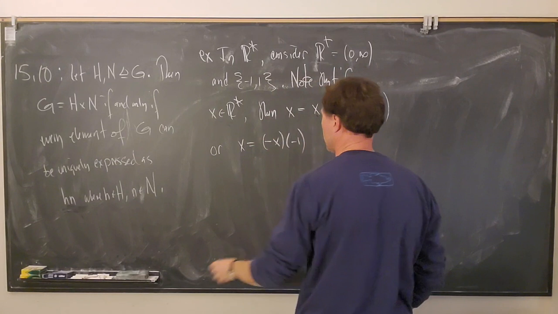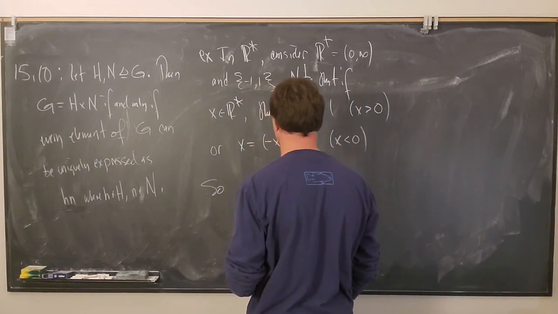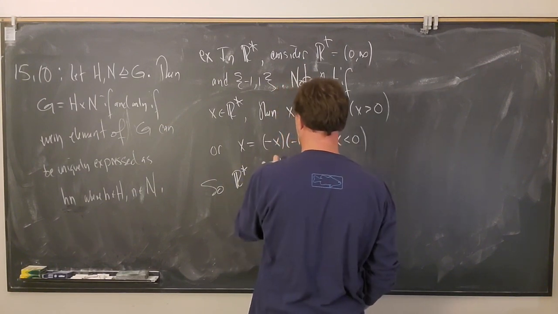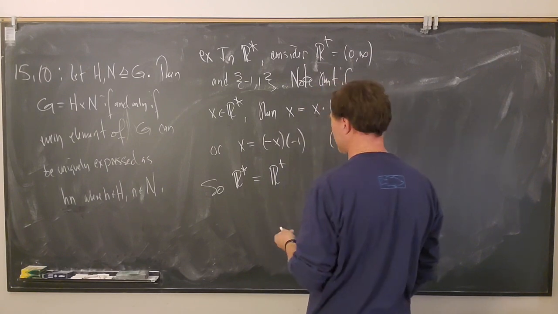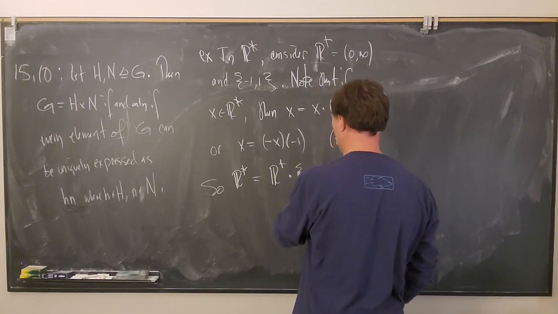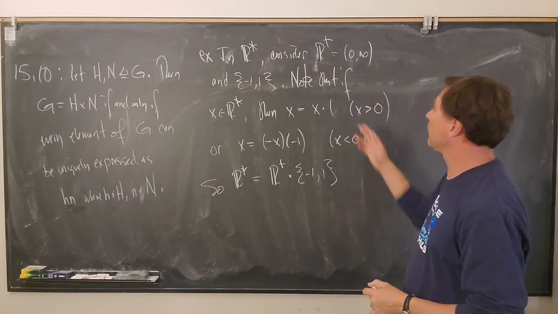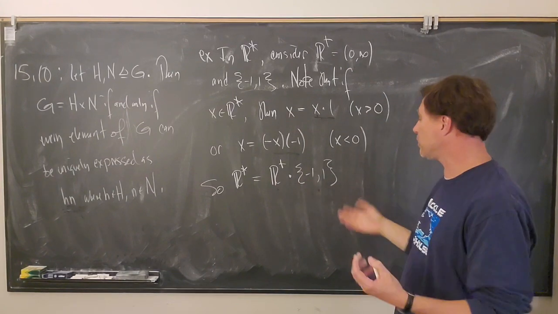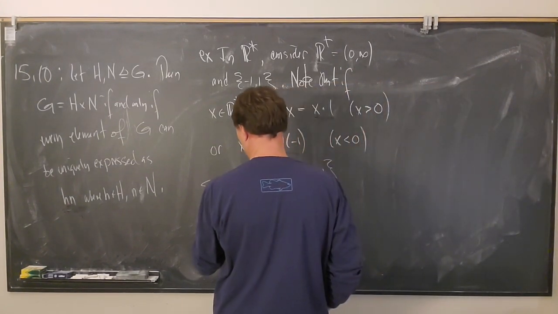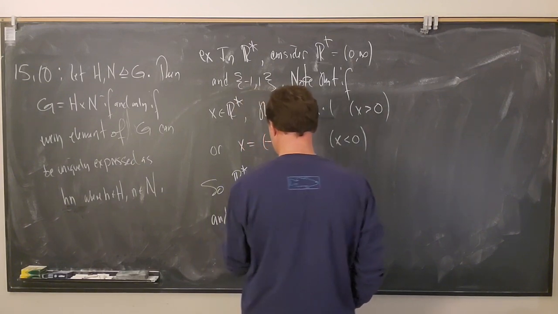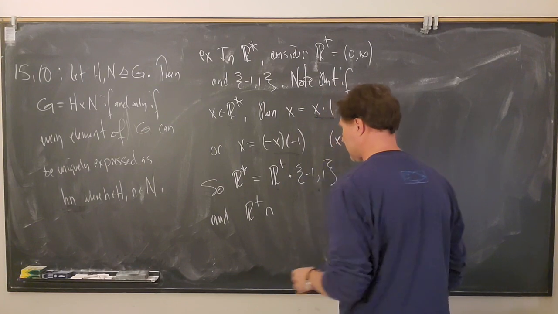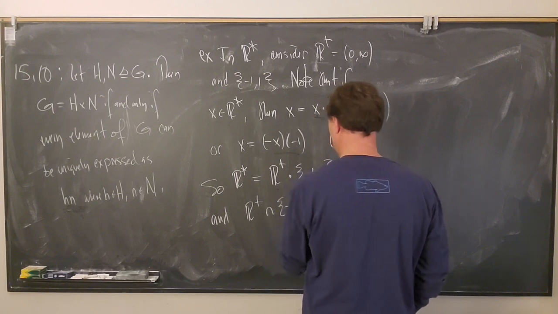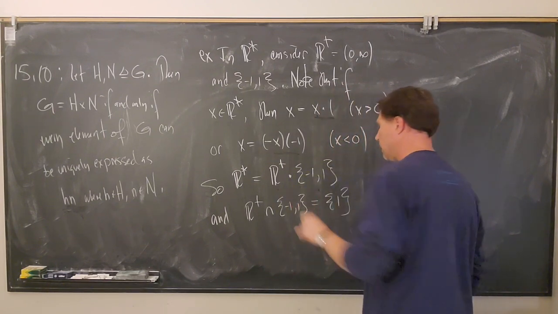So we can say it like this: R star is equal to R plus times, and this looks a little bit weird, let me put a little dot there, times -1 +1. Every element can be written as something from R plus times something here. And the uniqueness comes from the fact that if we look at the intersection, R plus intersect -1 and +1, the only thing we get is the identity.